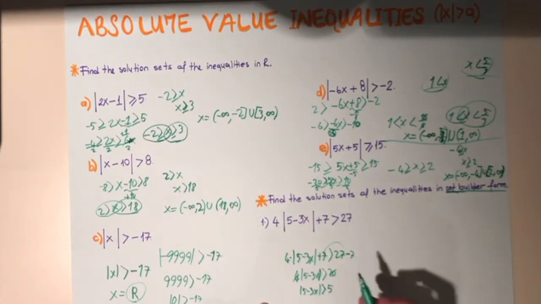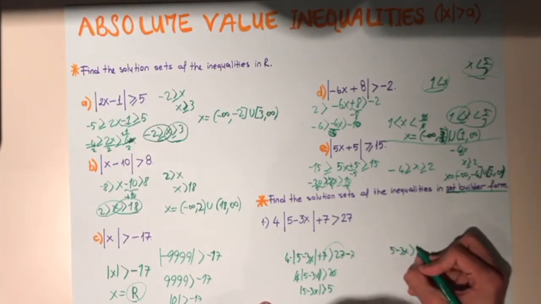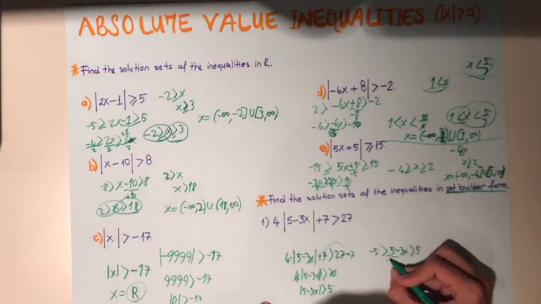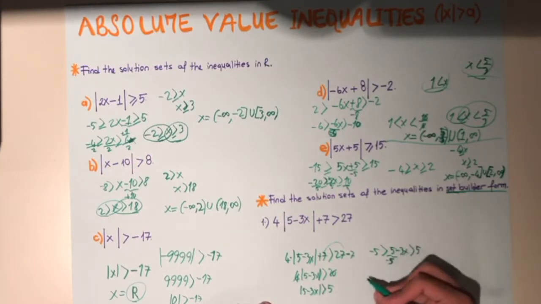And now it's so easy and it's so simple. We're gonna do 5 minus 3x, 5, and then minus 5, and then to leave x alone, we are subtracting 5 from the whole equation.